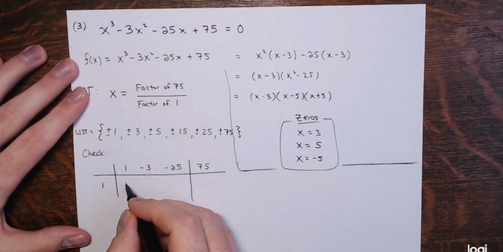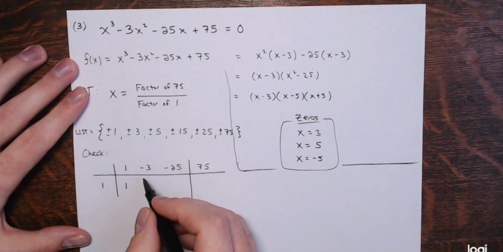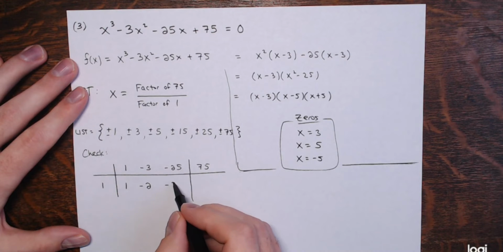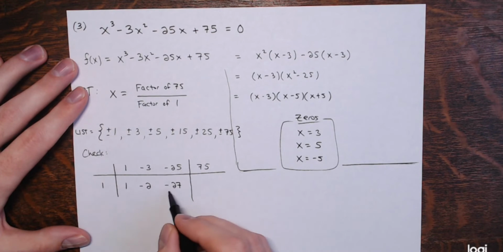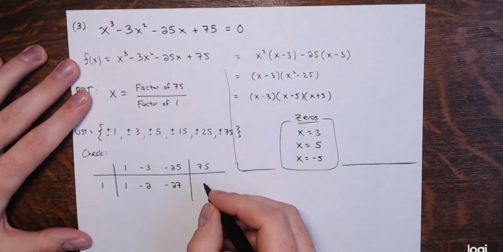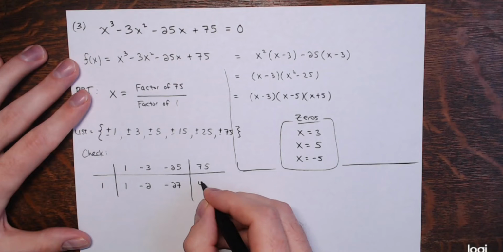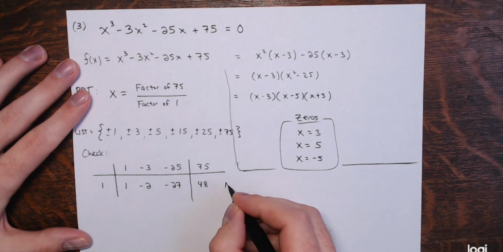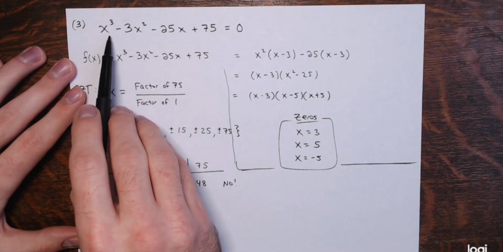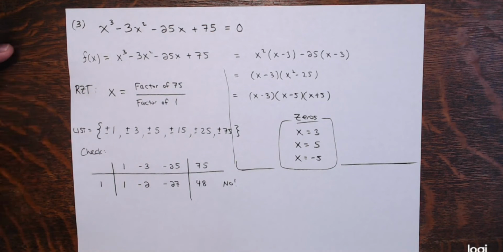Drop the 1, 1 times 1 is 1, minus 3 is negative 2, then negative 2 minus 25, negative 27, then negative 27 plus 75, or 75 minus 27 would be 48. Positive 48, so no on that. If I were to plug in 1, you'd get 48 equals 0. That's not true.